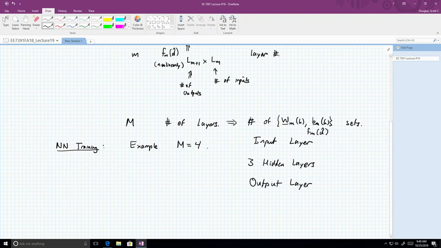Between the layers is where we have the weights, so we think of it as 4 weight sets when we talk about the structure. You can either think of it as an input layer and 3 hidden layers, or 3 hidden layers and an output layer.